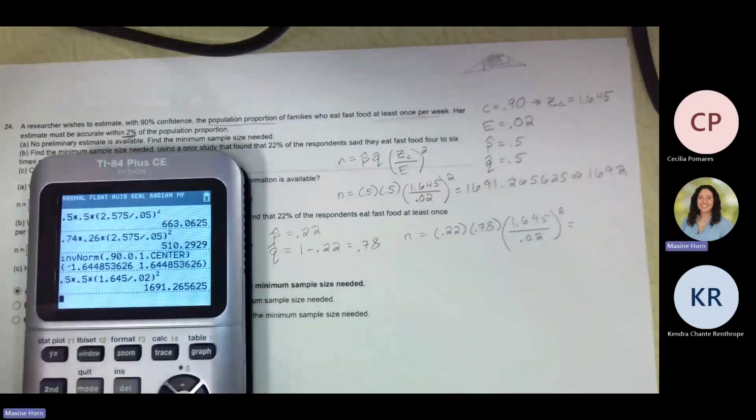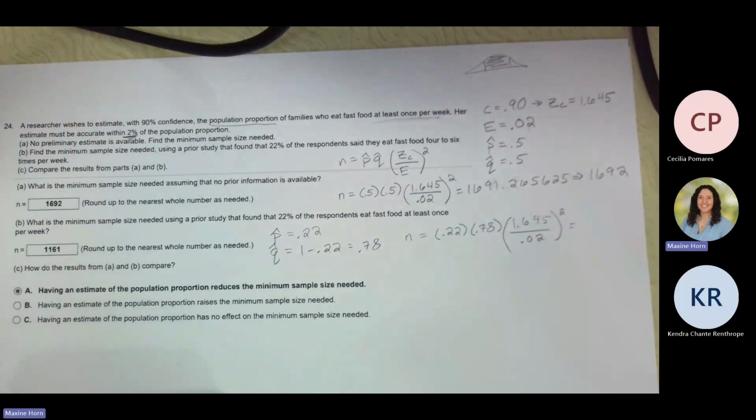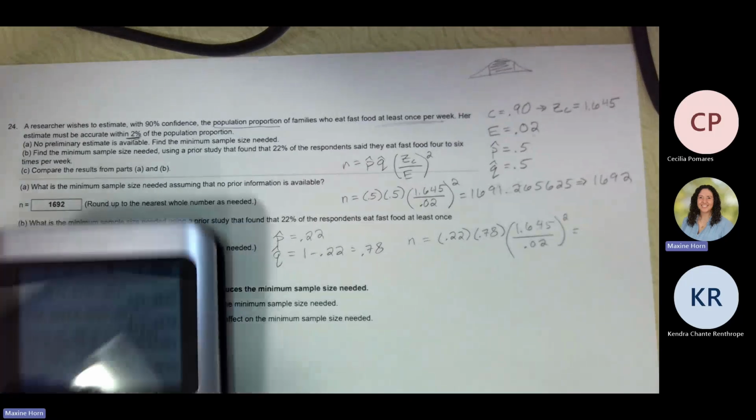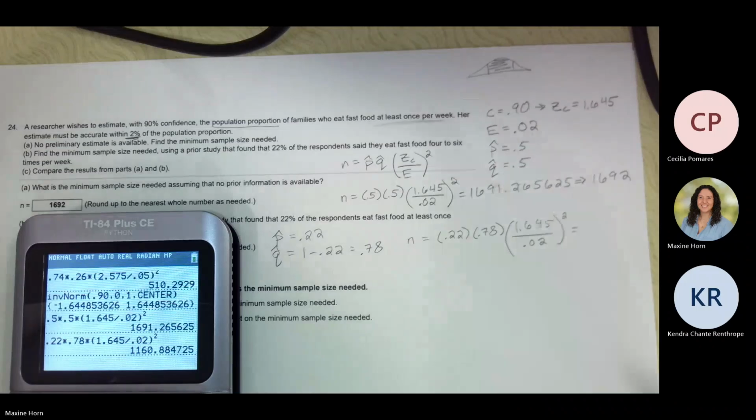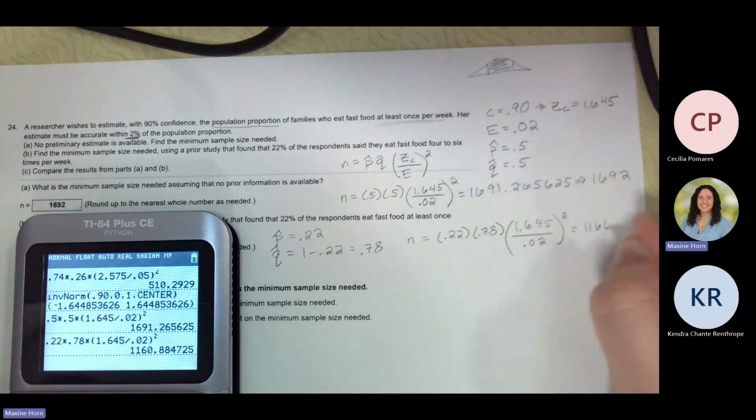And before we plug this in, what do you guys think is going to happen to our sample size? Oh, well, I forgot that it actually shows you right there, but it's going to be less, right? We don't need as many people when we have more information. So 0.22, 0.78. All right, so again, 1160 and some change.